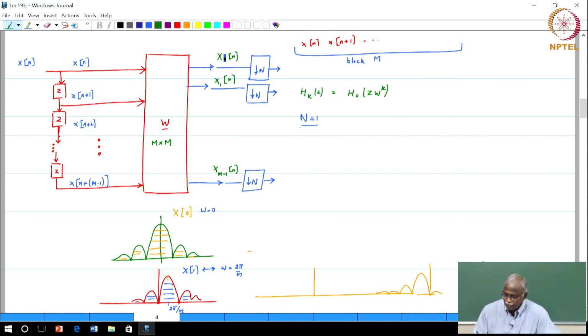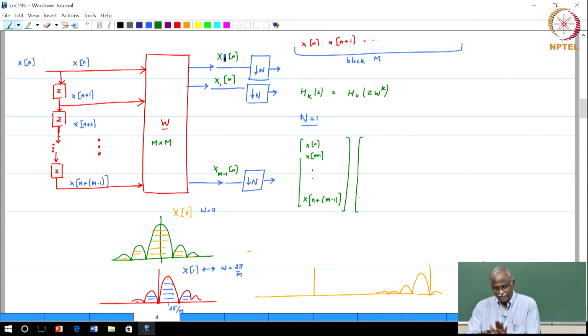Okay, so my first vector is x of n plus 1 dot dot dot x of n plus m minus 1. That is my first vector. Now ignoring the downsampling, if I just asked you what is the vector for the next time instant, you can write down, let me use a different color.